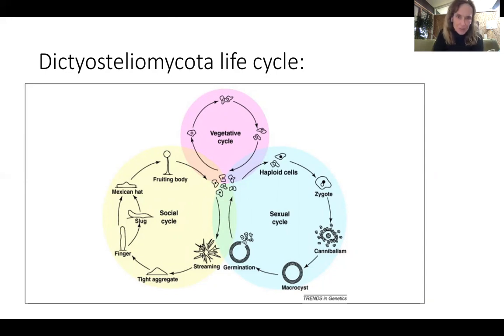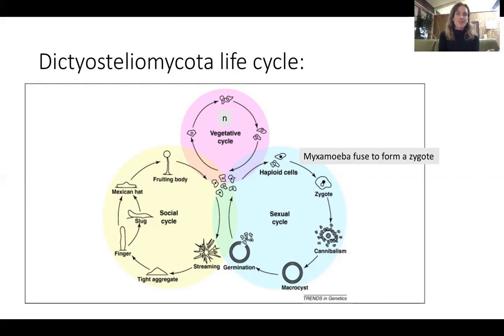So let me walk you through it. You've got this vegetative cycle where the myxamoebas just split. As long as conditions are good and hunting is good, they just keep on going. But sometimes they have sex, where the haploid amoebas will fuse, making a giant cell with two nuclei in it, and it becomes a voracious predator at this point and starts eating all of the other myxamoebas until they're all gone.